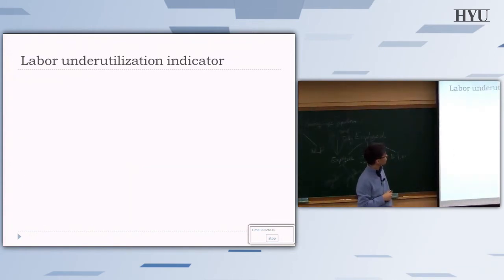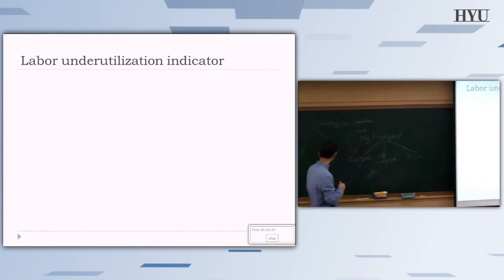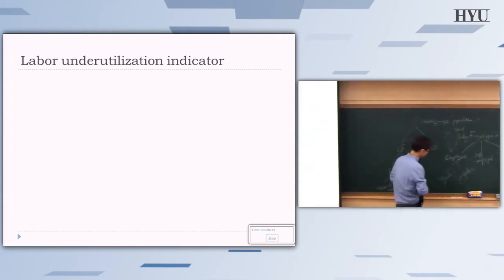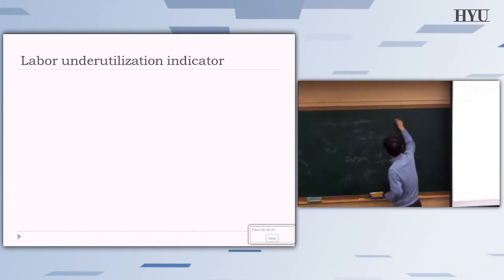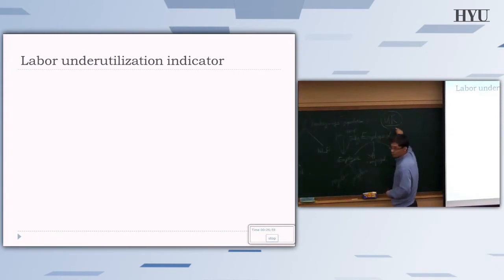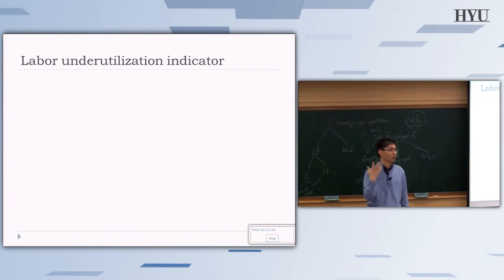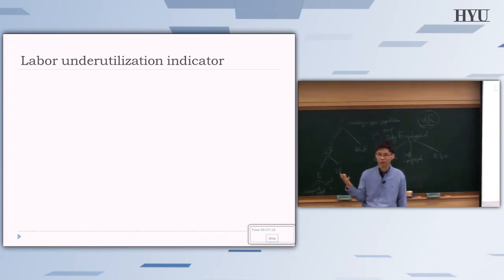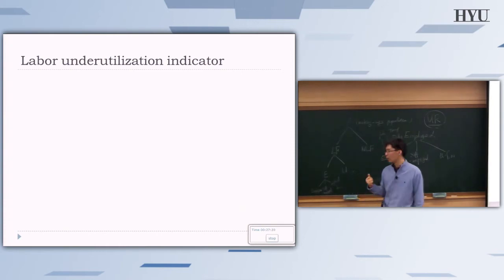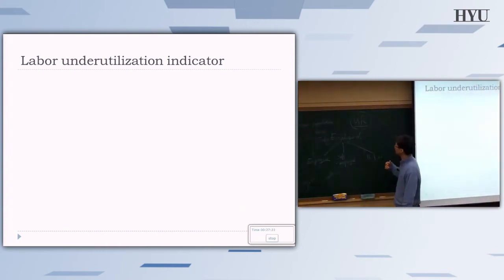Okay, and then there is another thing. We talked about the unemployment rate, but there is a criticism about it, because they often say it's defined too narrowly. Unemployed people should be not employed, but at the same time looking for work. But we have seen the discouraged workers, whether we see them as potentially unemployed or not, some people want to have that kind of information.